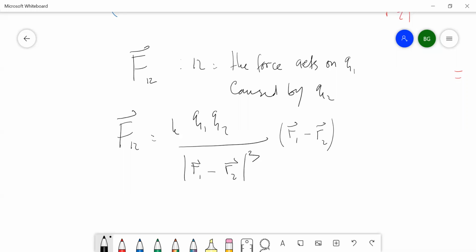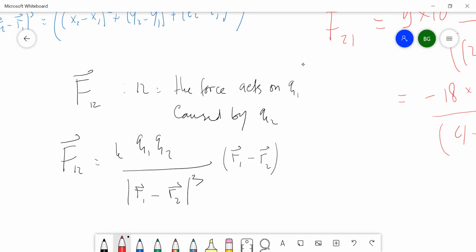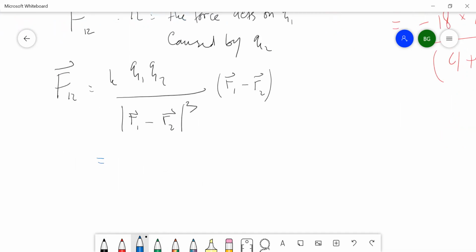If you insert the data, then we'll get... Sorry, who is the leader of the class? The coordinator of the class, sorry. I forgot the name.